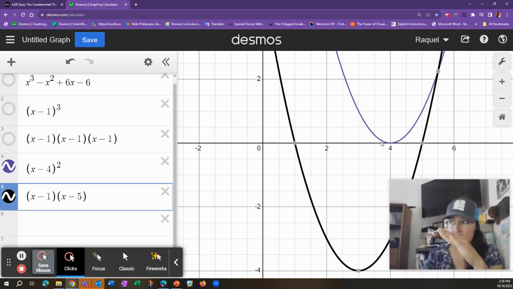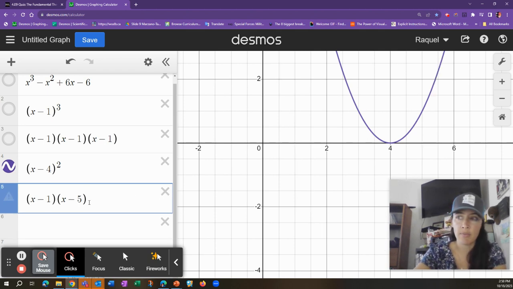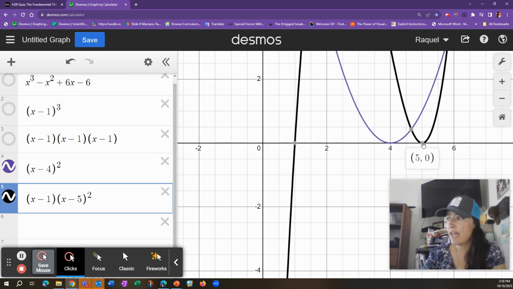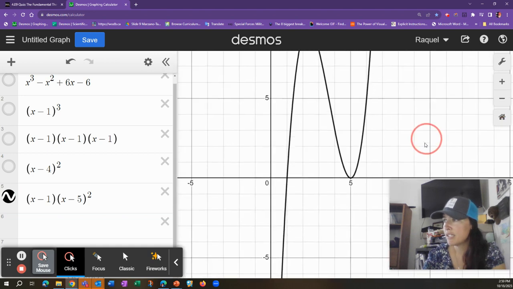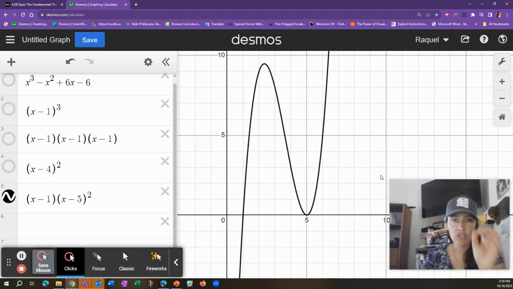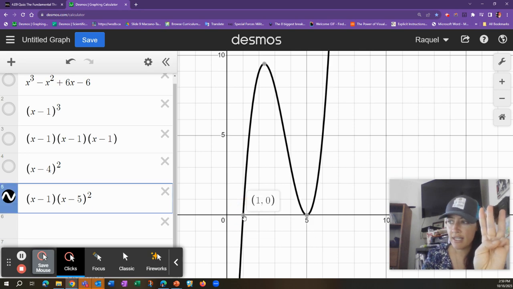It's going to come down and touch and go back up. Watch. So it's going to be a cubic function now, raised to the power of 2. See at 5, it's got an even multiplicity. It's a cubic function, so we need 3 roots. Notice it crosses directly at x equals 1, so we know it's x minus 1.